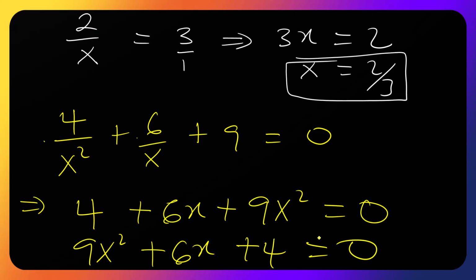Perfect. So let's look for x here. Now, when you get to this level, you can apply any of the methods of solving quadratic equation. So let's go by the method of completing the square.